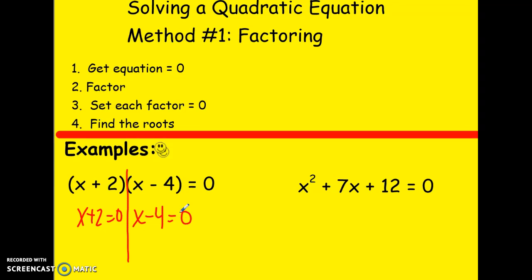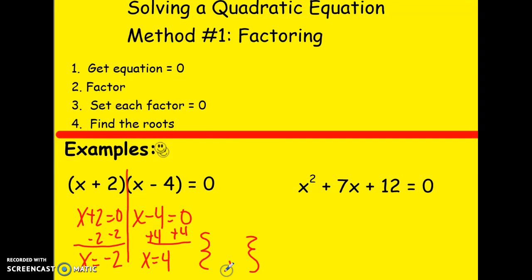Then I would have x plus 2 is 0, so the opposite of 2 is negative 2. And then the opposite of negative 4 is 4. So the answers would go in curly brackets, or sideways mustaches: negative 2 or 4. Remember, if they're already in the parentheses, the answers are the opposite of the numbers.